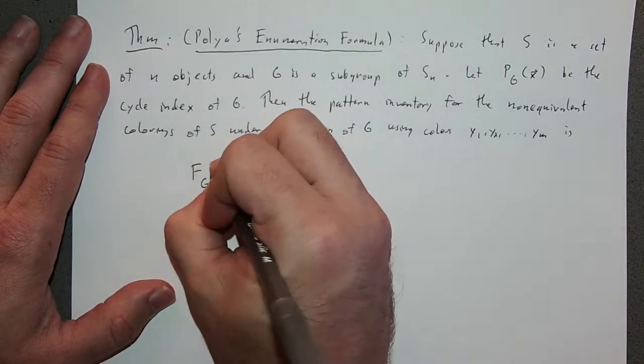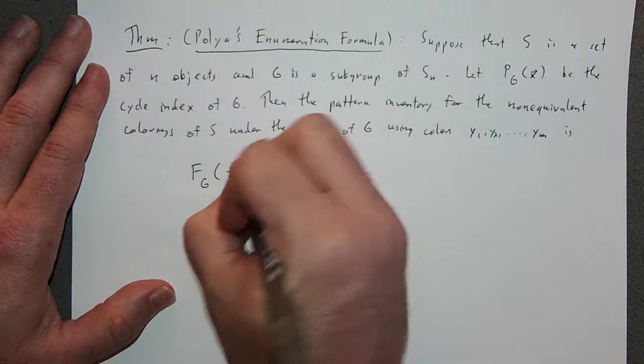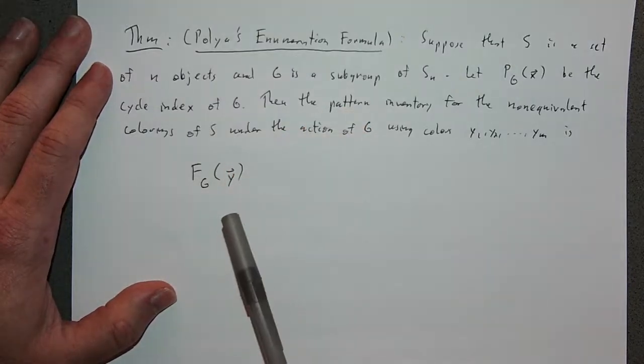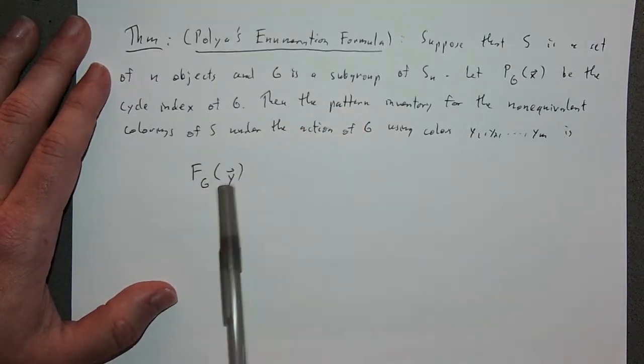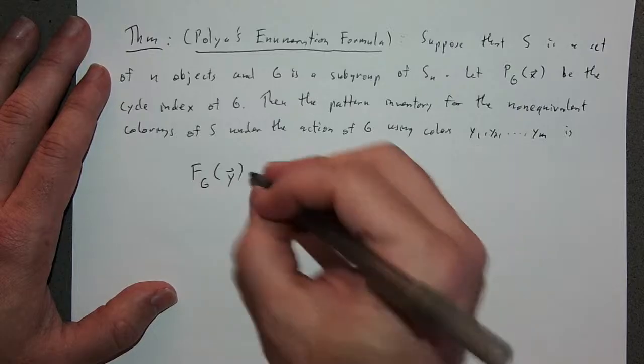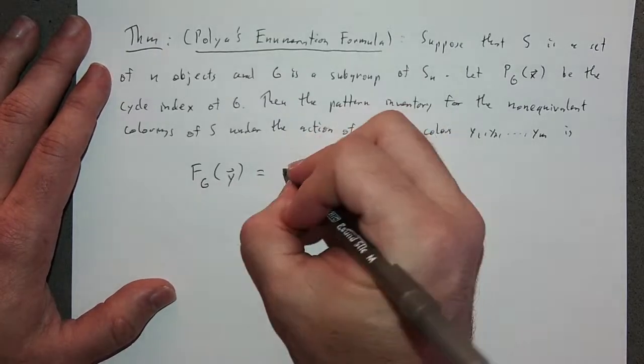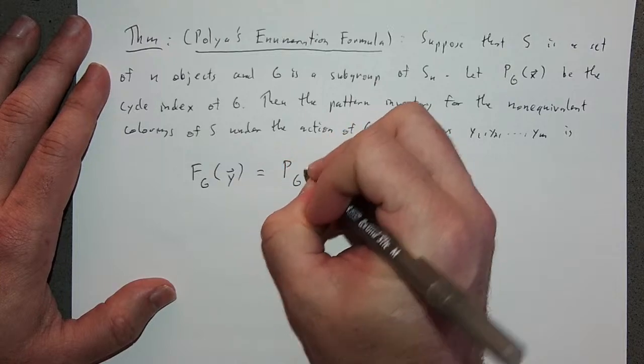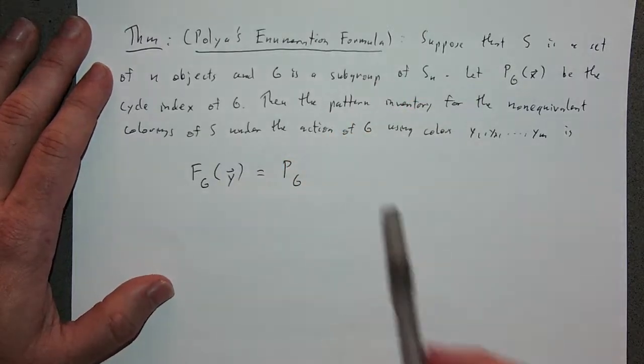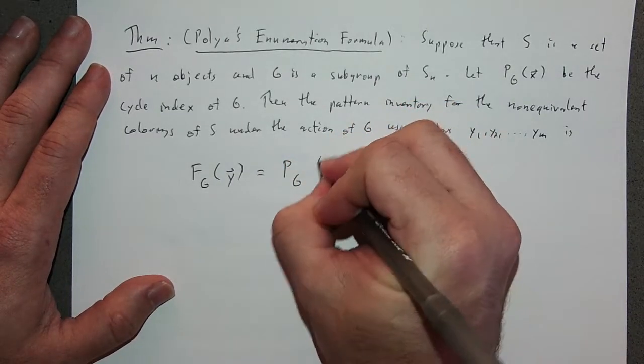This is the notation we use for the pattern inventory. That y is the vector containing the y colors. This is the cycle index for G with these sums plugged in.